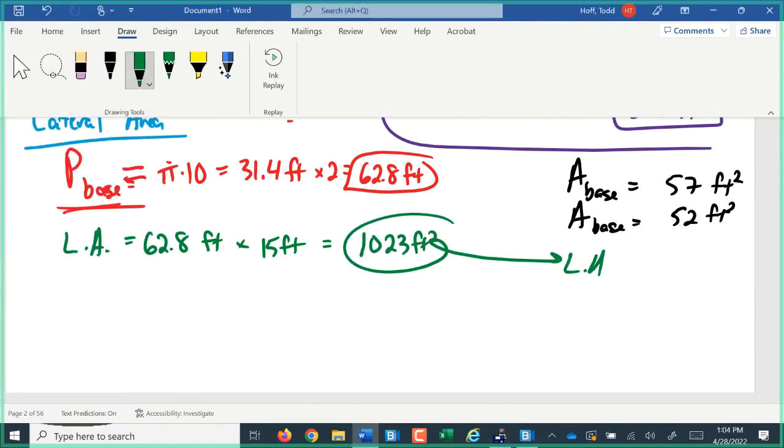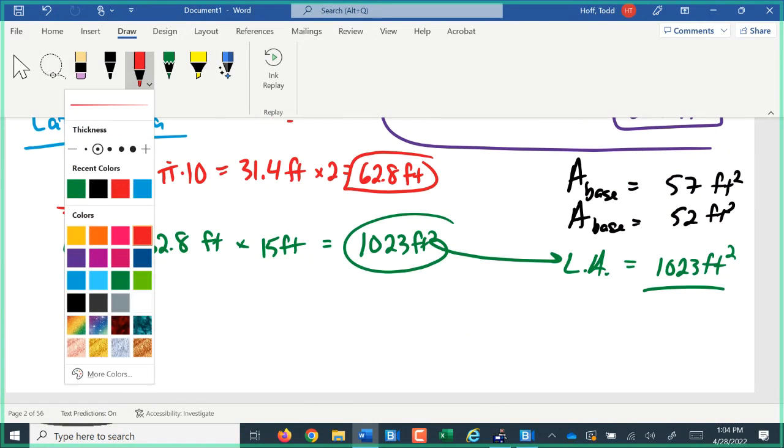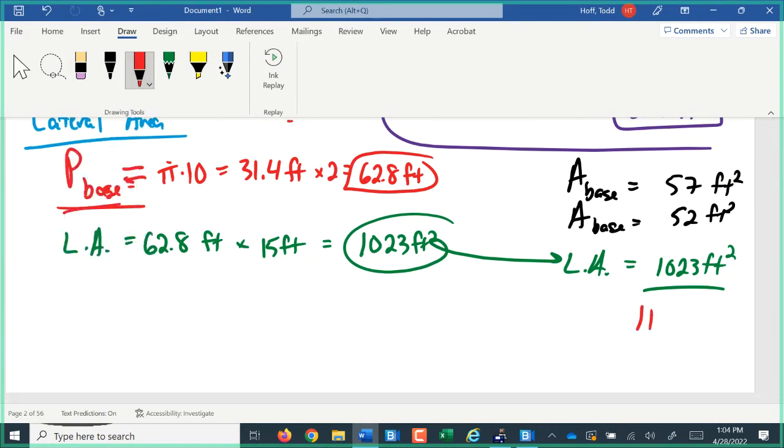So that's my lateral area. Add that up to make us 1,137 square feet of total space.